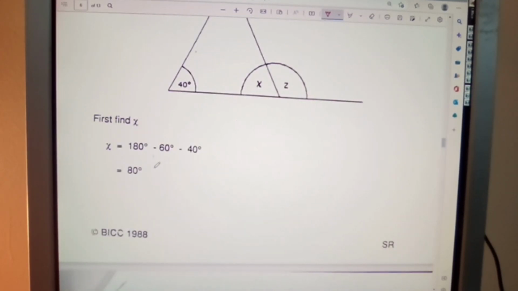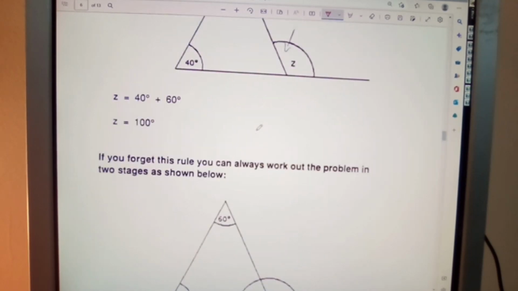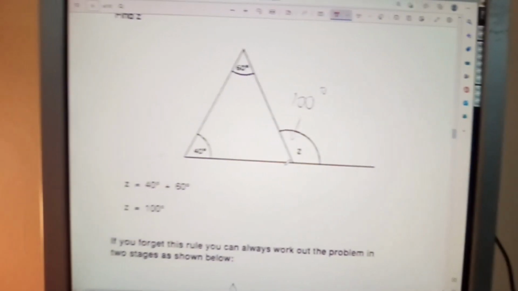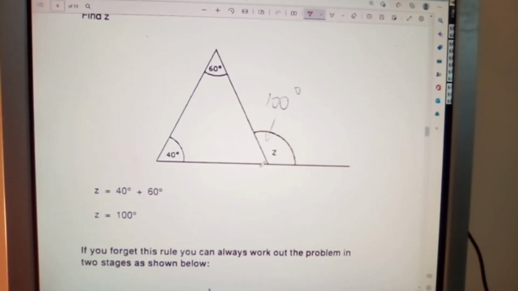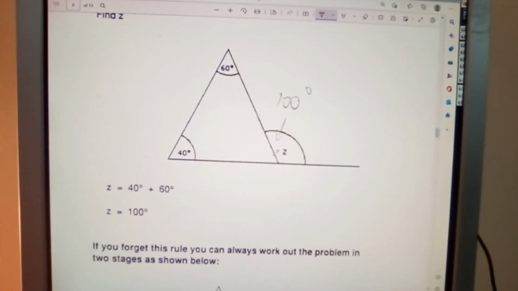X is 80 degrees. X is equal to 80 degrees, therefore Z will be 80 degrees as well.